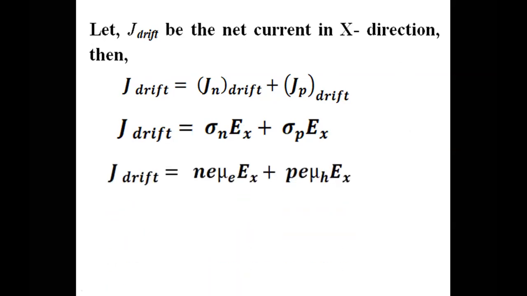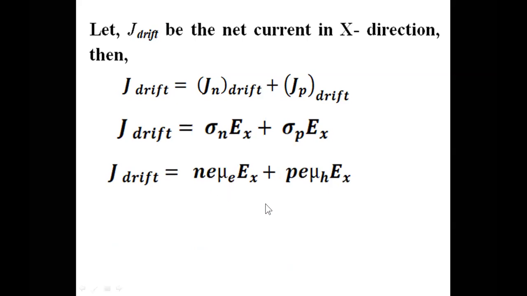Now I already told you, we have seen the relation between the conductivity and the mobility mu, and that is nothing but N e mu for electrons, similarly P e mu for holes. That means e represents the charge of the particle of electron and hole, which is the same, and N represents the concentration of electrons, P represents the concentration of holes, mu suffix e represents the mobility of electrons, and mu suffix h represents the mobility of holes.